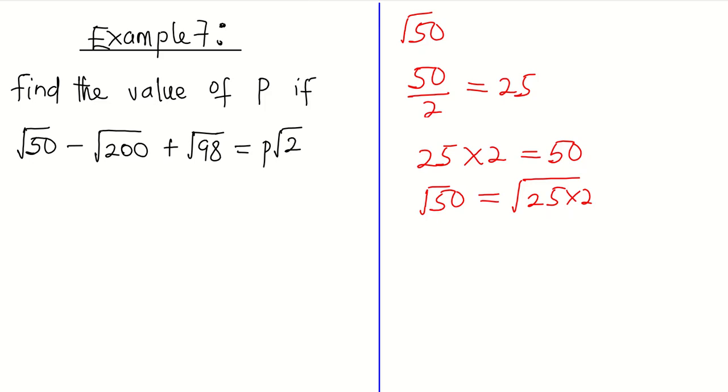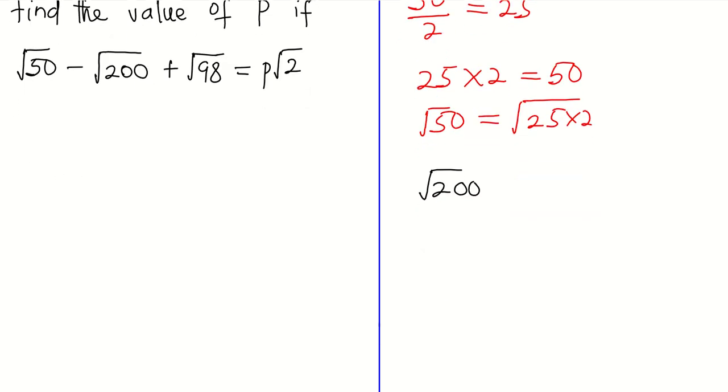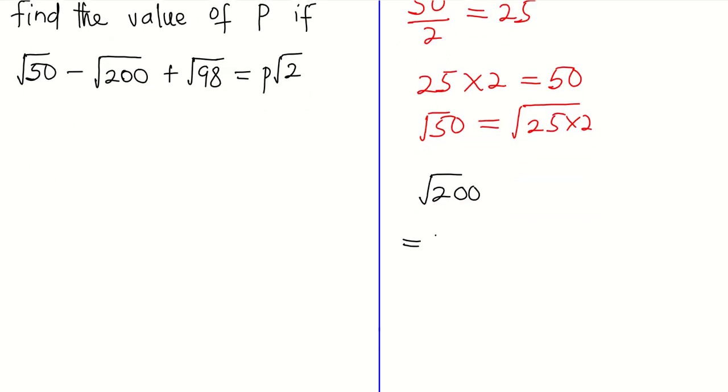With the next number, we are having square root of 200. So with square root of 200, considering the reduced form here, square root of 2, we can divide 200 by 2, which is going to give us an answer of 100.